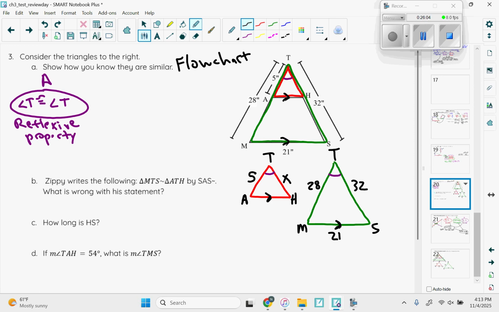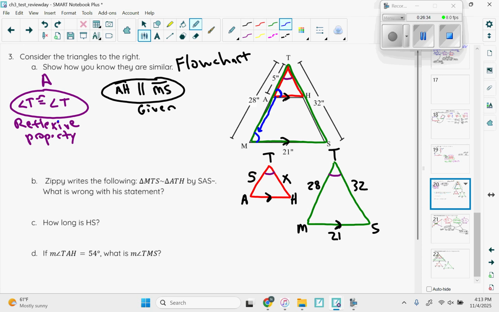And so I'm going to put that in my flowchart first. So I'm given parallel lines, AH is parallel to MS. And I'm going to use the parallel lines to get some corresponding angles. So for example, this angle here slides down and matches with that angle.